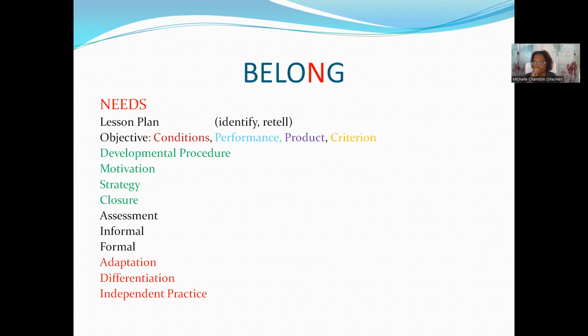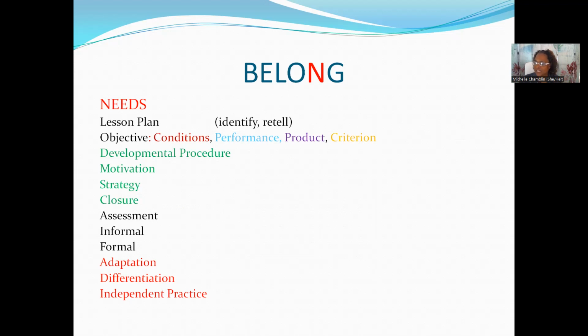So the needs. So if you look at this particular slide, you see what? Pieces of a lesson plan. And one of the things that really, really works to make a classroom inclusive is in your lesson, if you use a lesson plan and you have the basics.